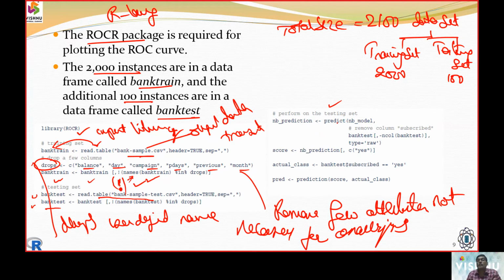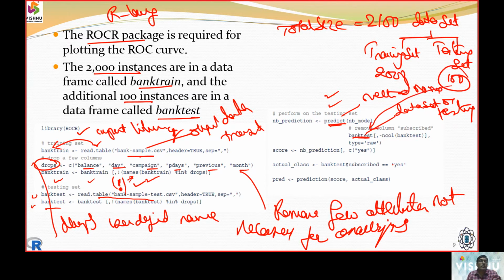Next one, we need to predict the performance. So how we are going to predict the performance is, we are taking the method name called as predict, and second thing was we take up the data set of testing, that is the second half, that is 100, we are going to pull it here, and there we are removing the number of columns, that too at the last, so minus n col.